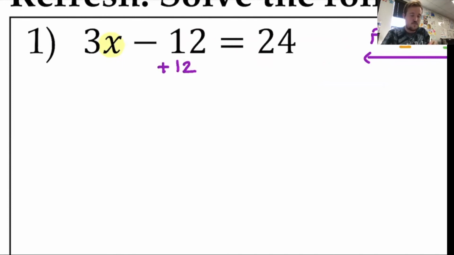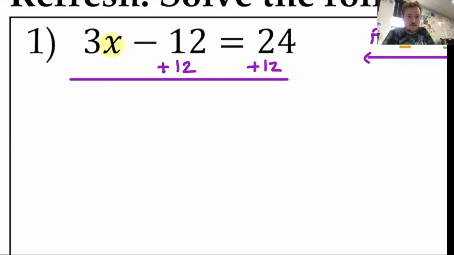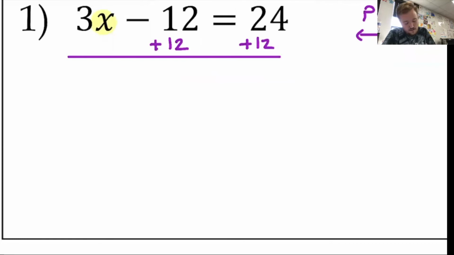So what I'm going to do is add 12 to both sides. You have to think of it in terms of like a counterbalance. What you do to one side, you have to do to the other. When I add these 12s here, they're going to zero out. So all you're left with is 3x equals 24 plus 12, which gives you 36.